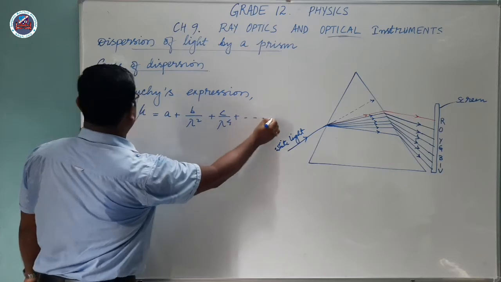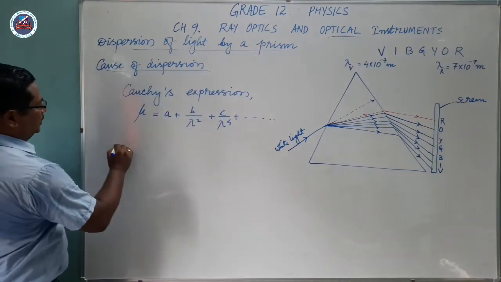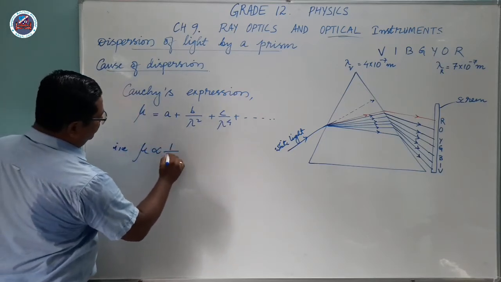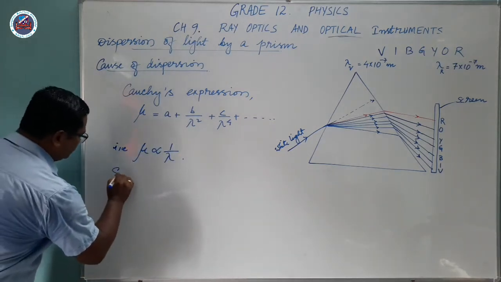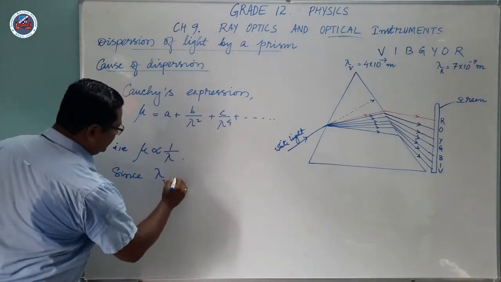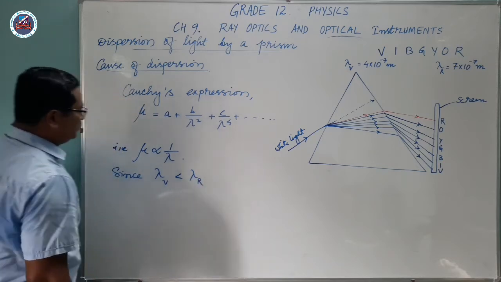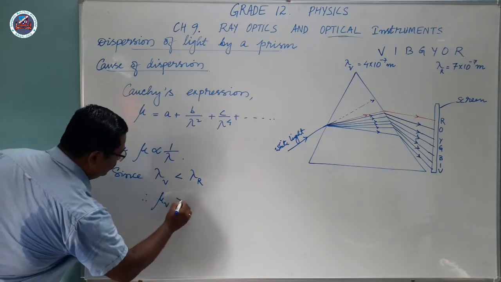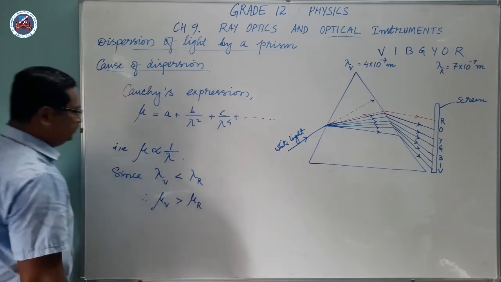Now from here what we can understand is refractive index is inversely proportional to the wavelength. Now since wavelength of violet light is less than the wavelength of red light, refractive index of violet light will be more than refractive index of red light.